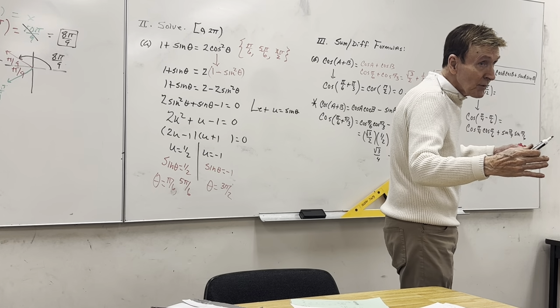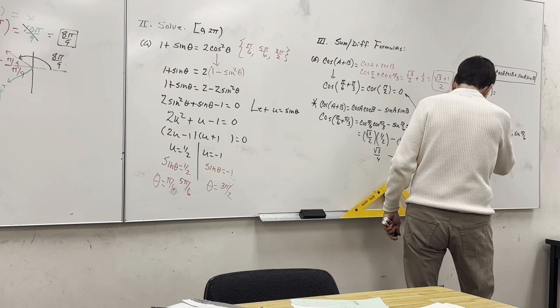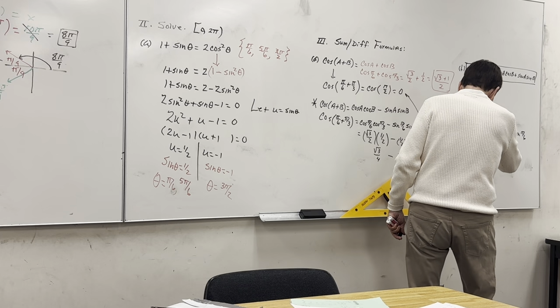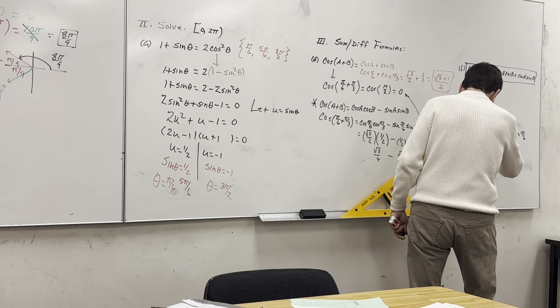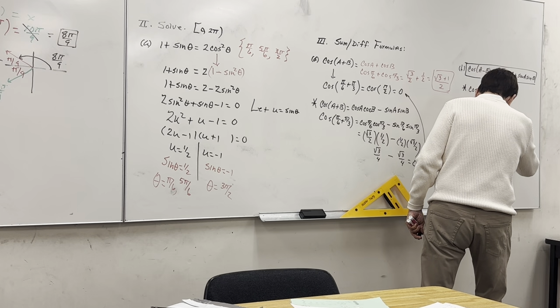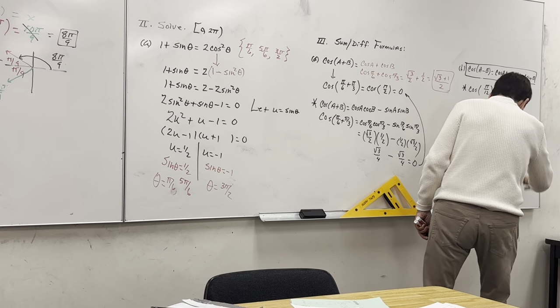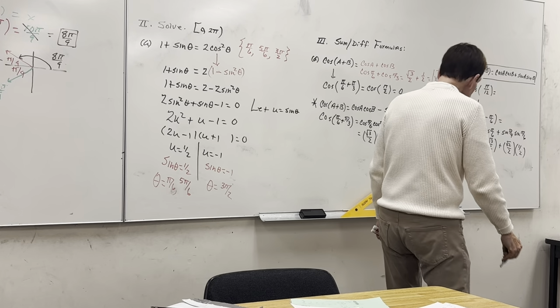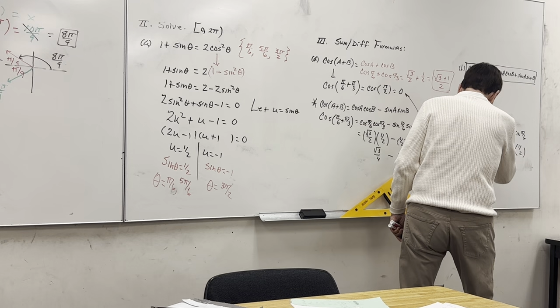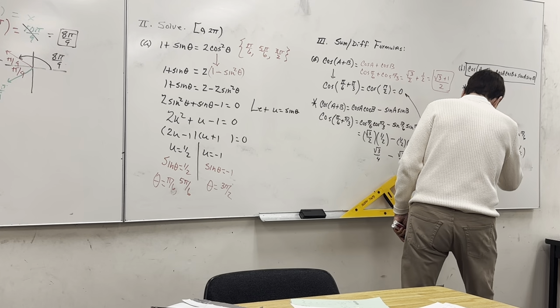If I'm very, very careful, cosine of pi over 4, we all know is radical 2 over 2. I know that unit circle. Cosine of pi over 6, I think it's radical 3 over 2. Sine of 45, another radical 2 over 2. And of course, this one's 1/2. To do it fairly quickly, you're going to end up with radical 6 plus radical 2 all over 4.